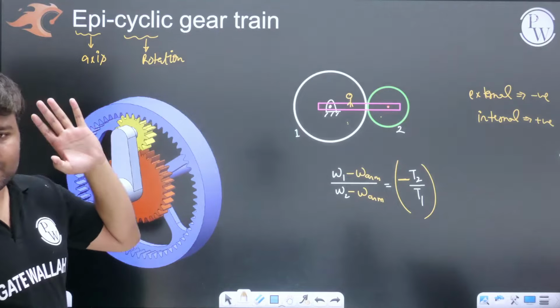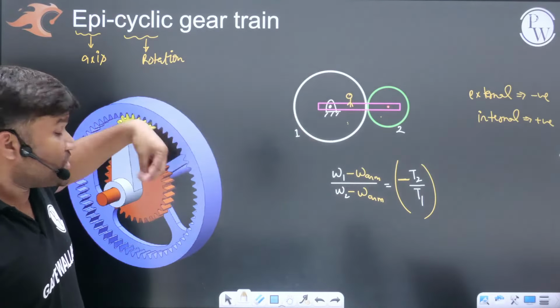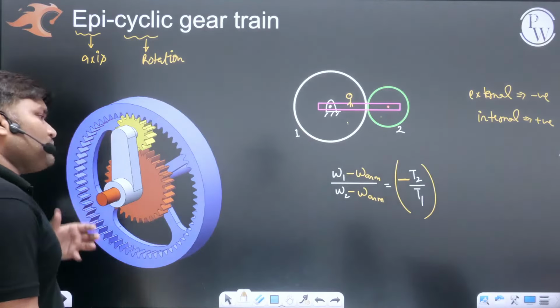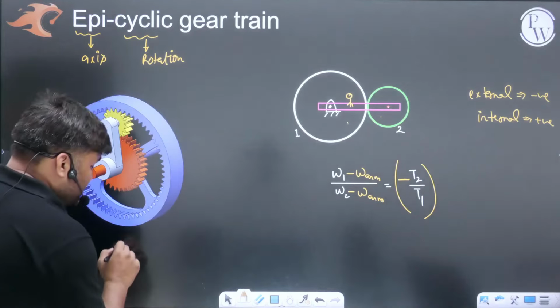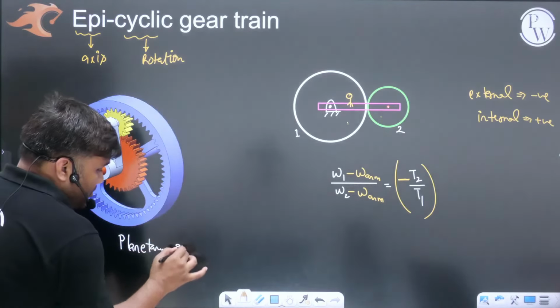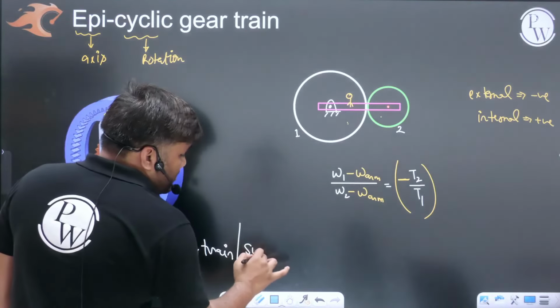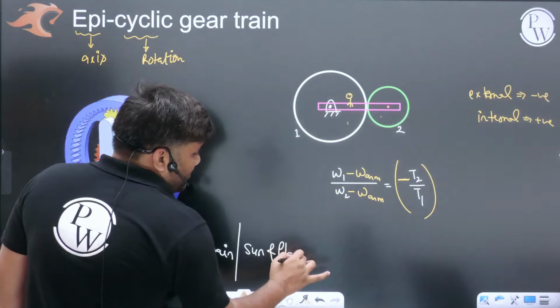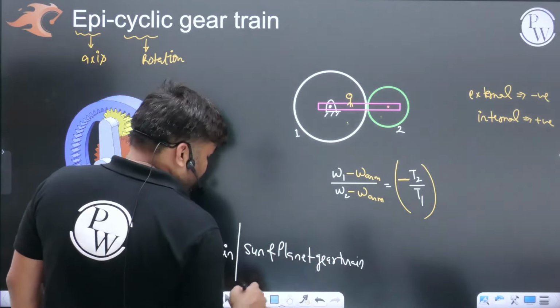Epicyclic gear train. And in epicyclic gear trains, a very unique gear train is there, which is also epicyclic, but this is also known as a planetary gear train. Let me write, this is something which is known as a planetary gear train, or some people also call it a sun and planet gear train. Careful, beta.